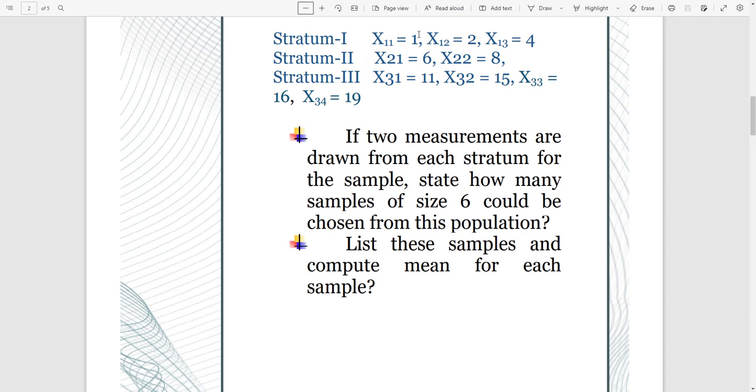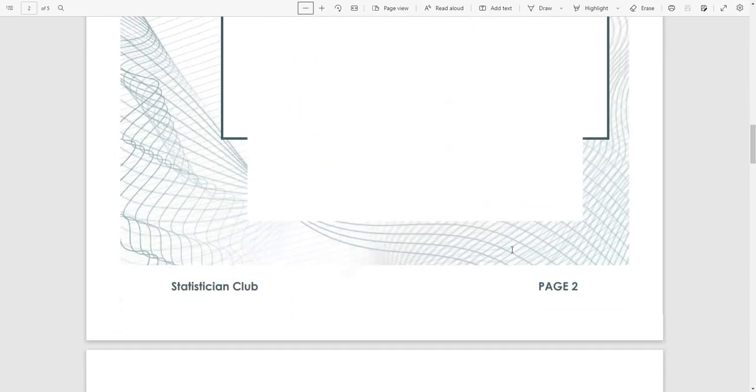Then list these samples and compute the mean of these samples. So there are 2 tasks: first we draw samples by stratified random sampling and list all of them, and finally we compute their means. Now let's start.